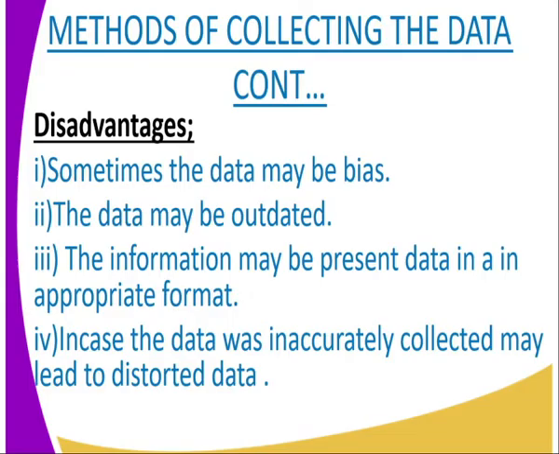So you get outdated data. The information may also present data in an inappropriate format, so it becomes difficult for you to understand. Then, in case the data was inaccurately collected, it may lead to distorted data.